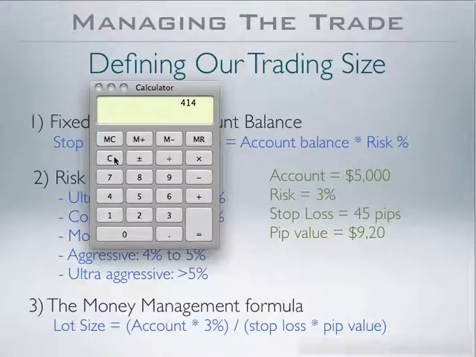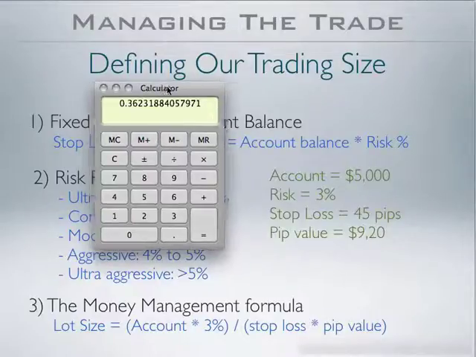Sorry about that. 150 divided by 414 is 0.36.